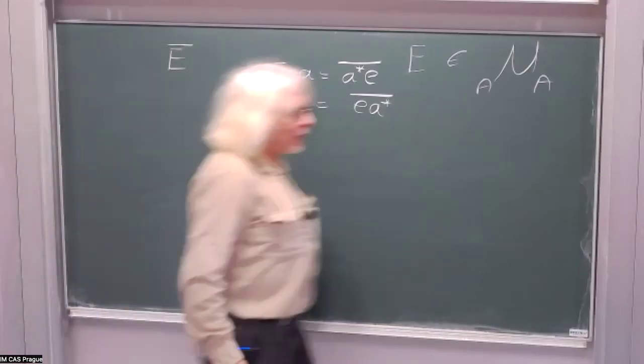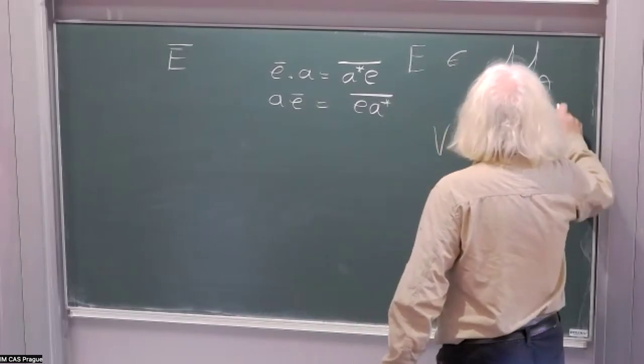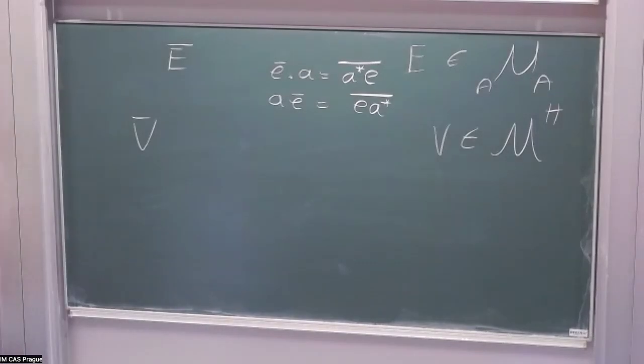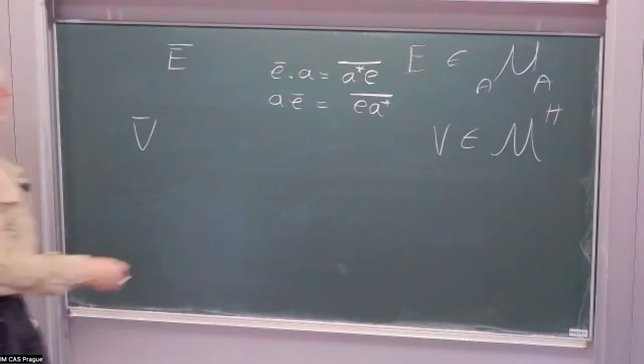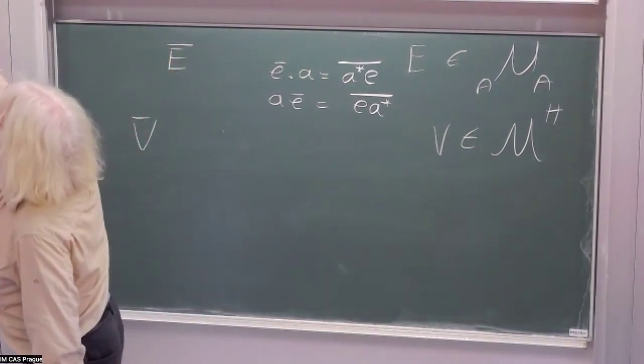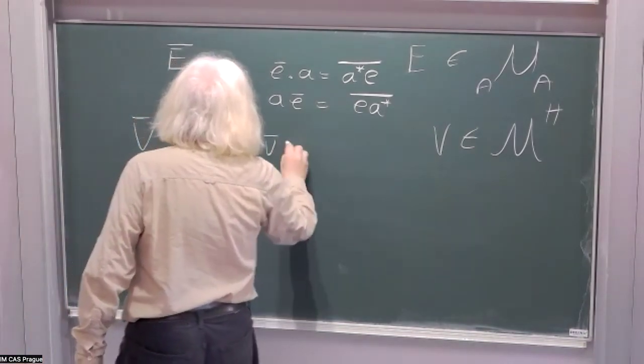Now, for a co-module, V bar has elements little v bar, where little v is in capital V. And, well, I've told you what the coaction on V is here. Now, what is the coaction on V bar?